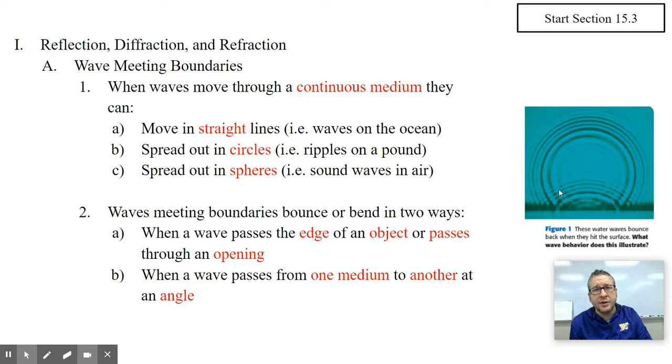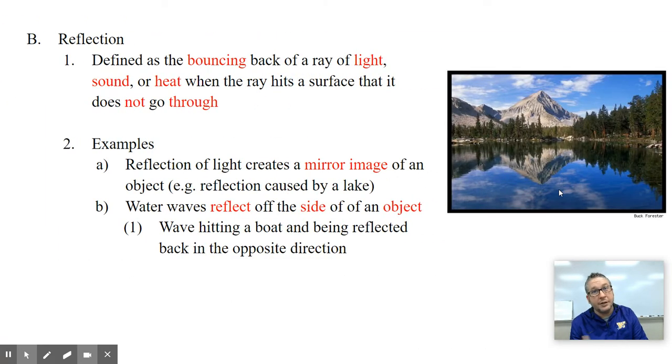Or, as I mentioned at the start of this video, waves can bend or bounce when they go from one medium to another. You'll see that a lot with glasses full of liquid or in swimming pools oftentimes. So these waves are going through different media, I should say.